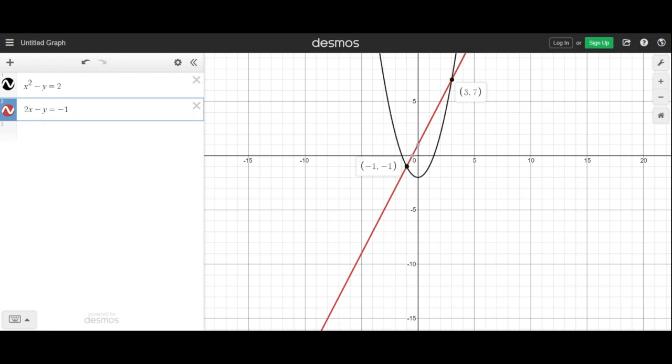Now, on the test, I expect you to do these algebraically, so I want you to use either substitution or elimination when you're finding those points of intersection, but you can definitely use Desmos to help you out to make sure, right, that you found the correct points. So always feel free to graph them, find those to check your answers.